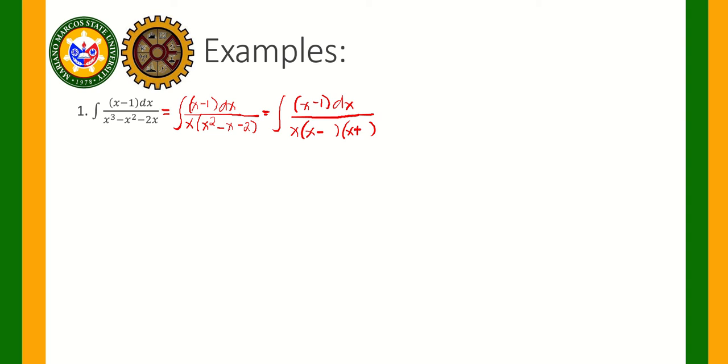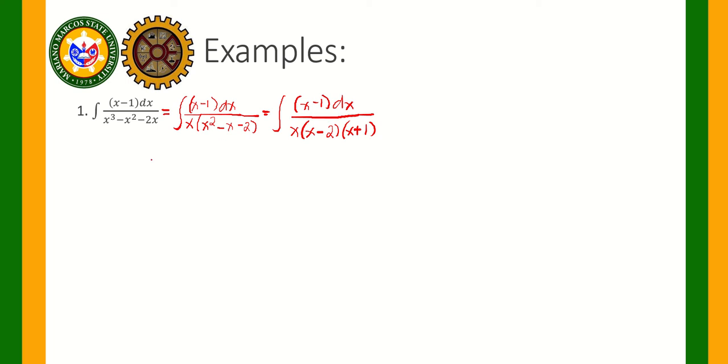Okay? So, since 2 yung numerical term natin, plug natin si 2 dito. And then, this will be 1. So, those are the factors. These are the factors of your x squared minus x minus 2.